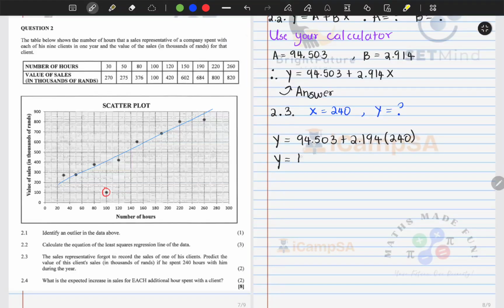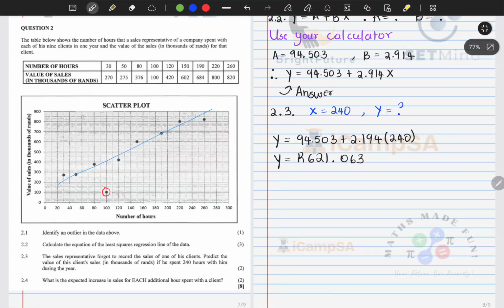So what I end up getting is 621.063. Okay. So if we write our answer, we can now say that our prediction is 621,063 rands.